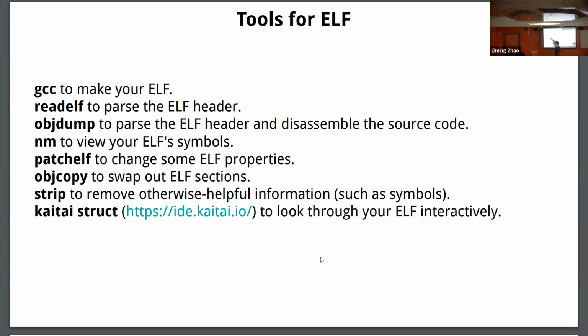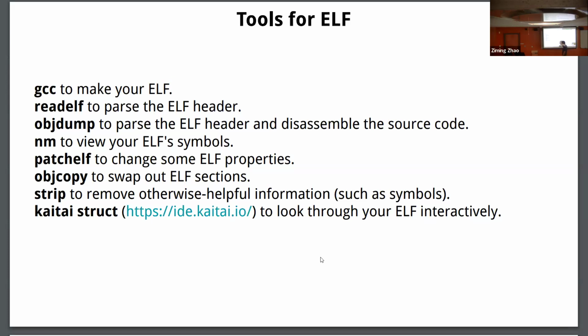We already used objdump. This is a simple tool for us to get the disassembly. This will be our friend this semester because we're going to look at this assembly and find vulnerabilities. nm views the symbols I just showed you.